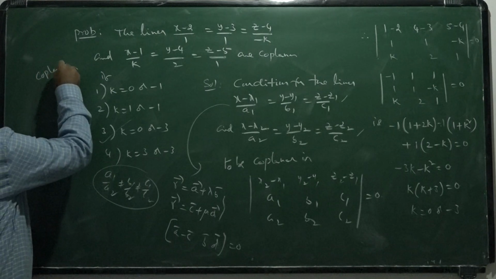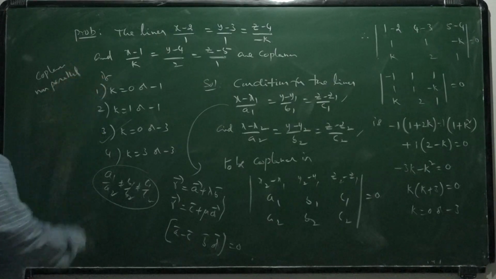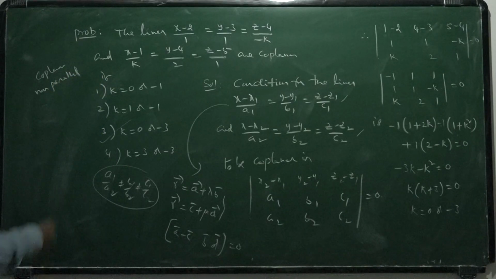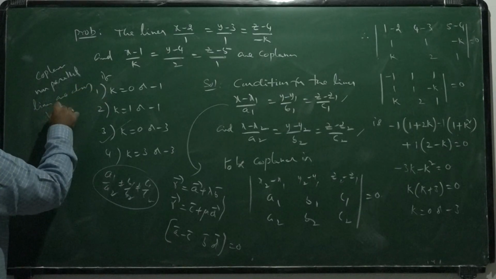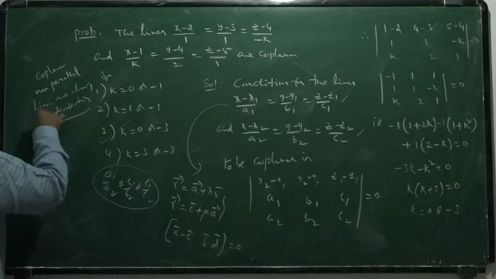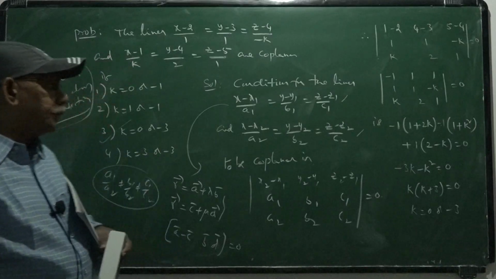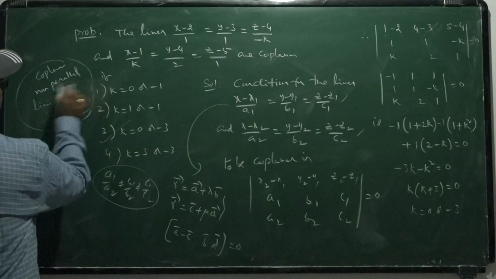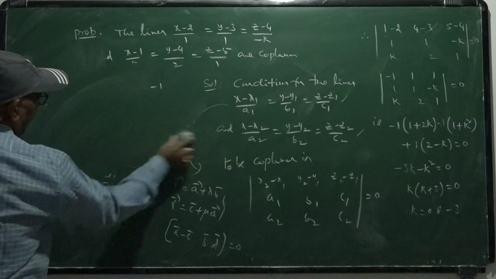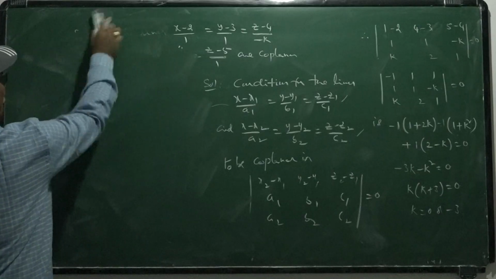Coplanar non-parallel lines are always intersecting. This is one important point related to three-dimensional lines. So this is the condition for the lines to be intersecting, provided that they are non-parallel.